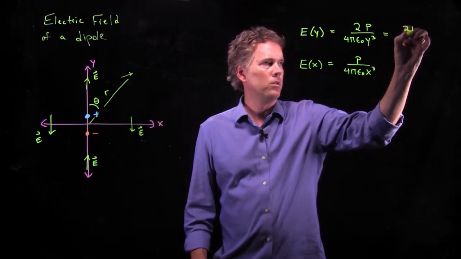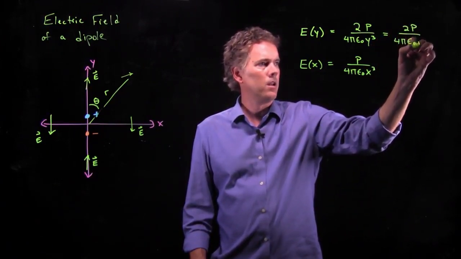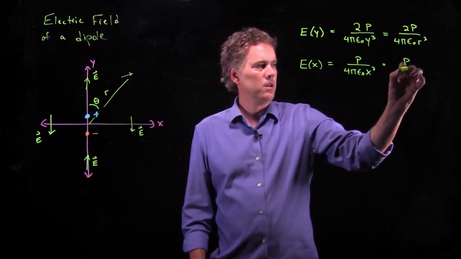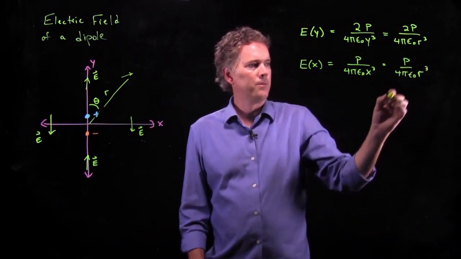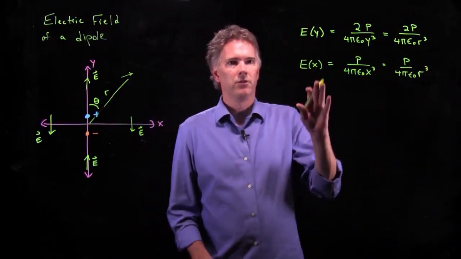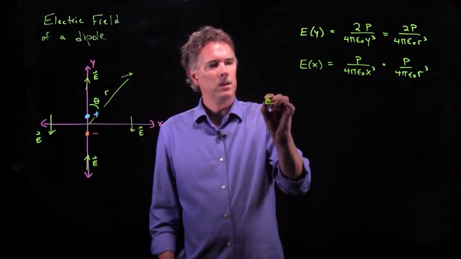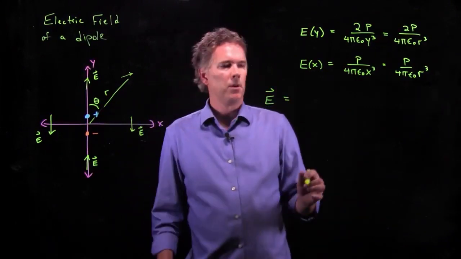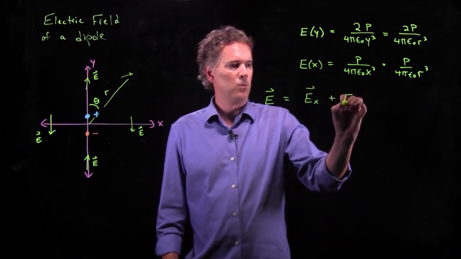This is 2p over 4 pi epsilon naught r cubed. This was p over 4 pi epsilon naught r cubed. But they do have directions, so let's be a little bit careful about the directions now. What is E? E is going to be some x component and some y component.